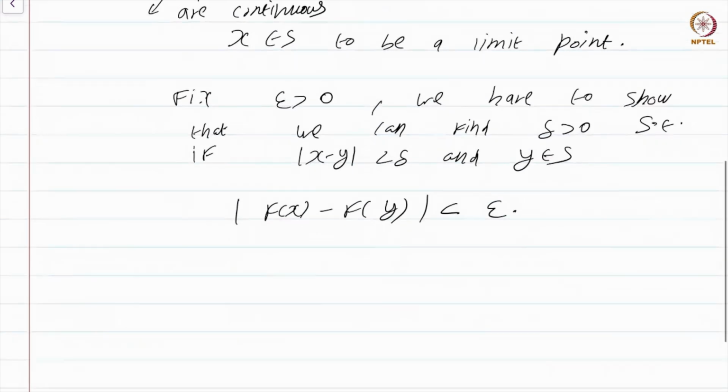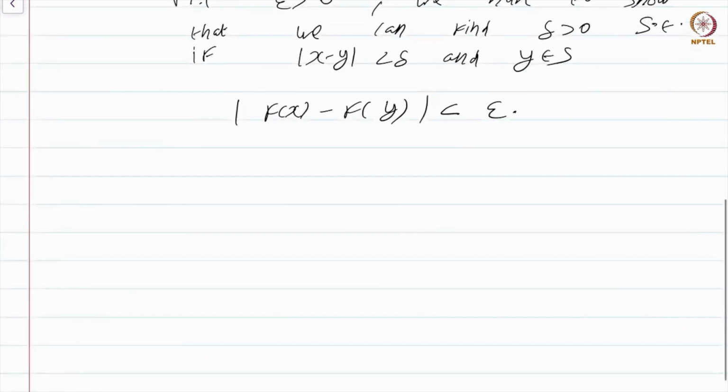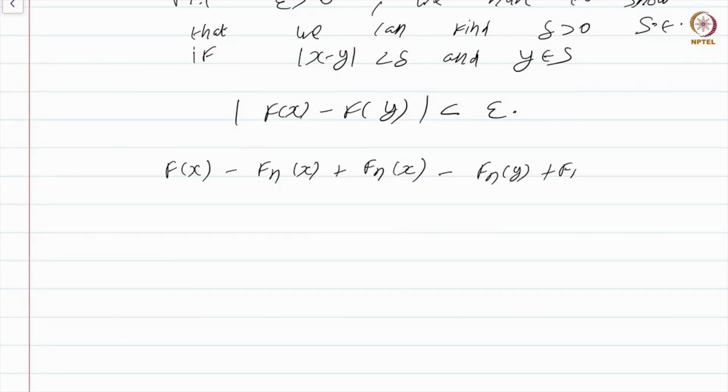Now we want to show |f(x) - f(y)| is less than epsilon, and the only data we are given is the continuity of the functions f_n and the fact that f_n converges to f. The natural thing to do is to play the oldest trick in the book and introduce f_n by adding and subtracting. We add and subtract f_n(x), then add and subtract f_n(y), and expand by the triangle inequality.